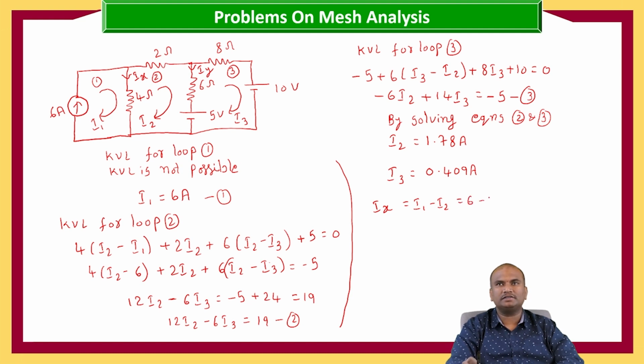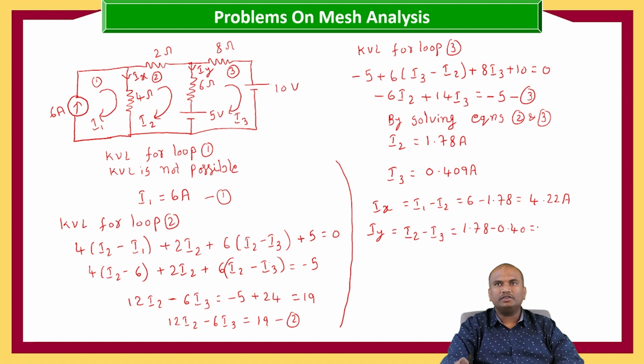So 6 minus 1.78, which is equal to 4.22 amperes, and Iy is equal to I2 minus I3, which is equal to 1.78 minus 0.40, that is 1.38 amperes. Now we got the Ix and Iy for the given circuit.